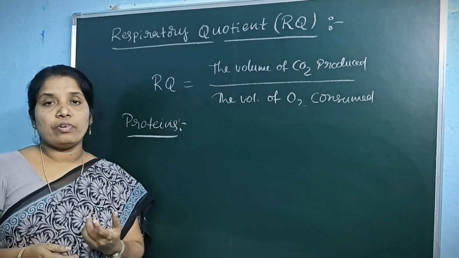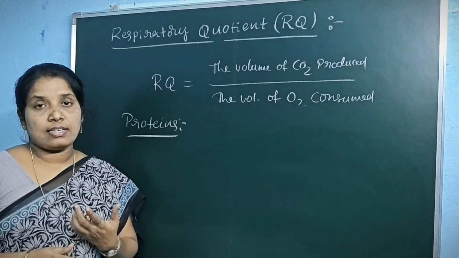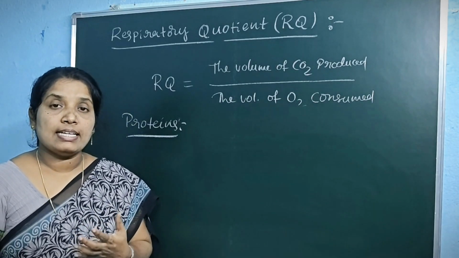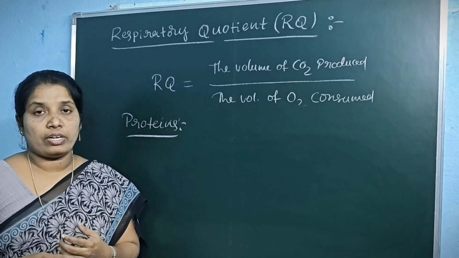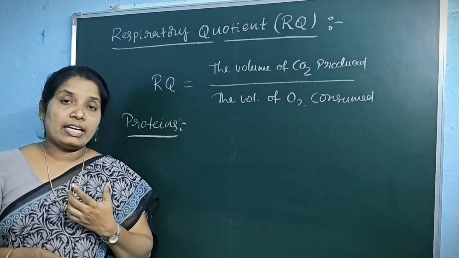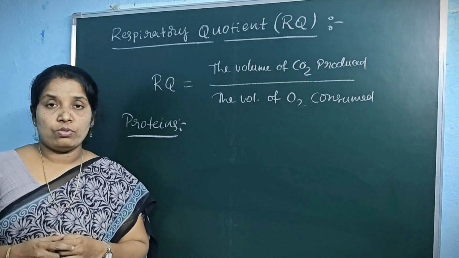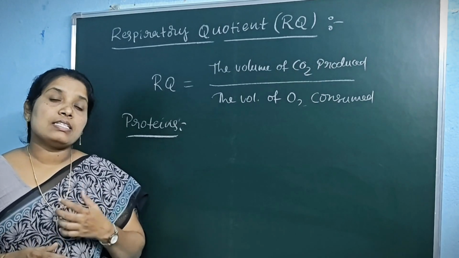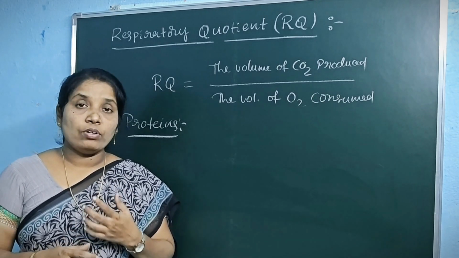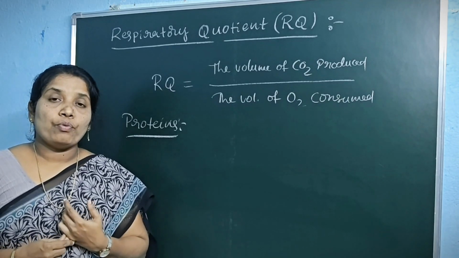Let's see the RQ value for proteins. Proteins rarely serve as respiratory substrate. Only during starving conditions do they serve as respiratory substrate. The starving condition is when you don't eat for a long time and your body runs out of glucose. Then the body depends upon the stored fats and proteins, and only then do proteins undergo respiration.